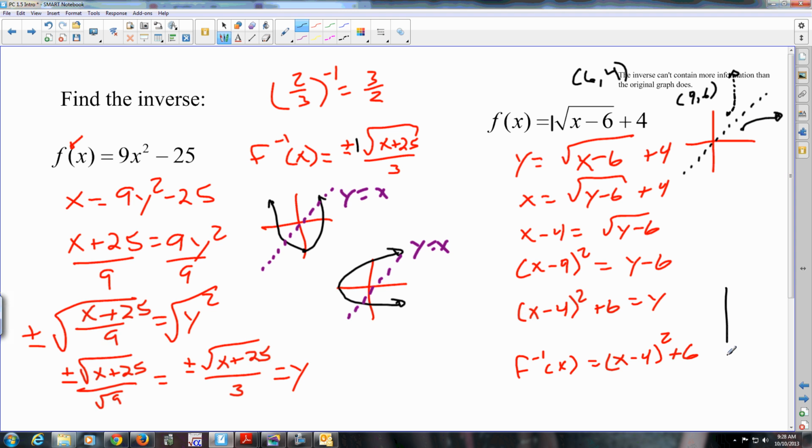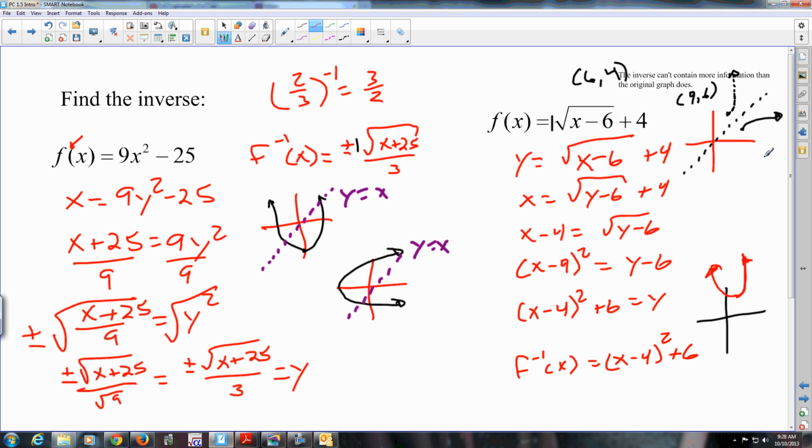So let's look at this equation down here now. It's a parabola, 4 right, 6 up. So it is starting where we predicted it would, but notice it's a parabola and it's both halves. The original question was this.